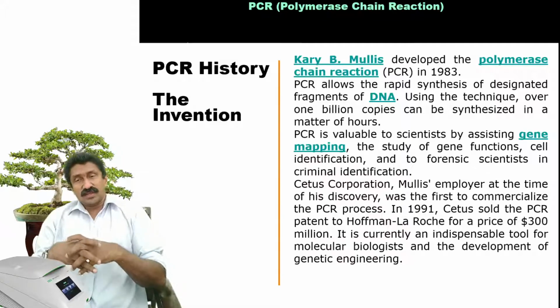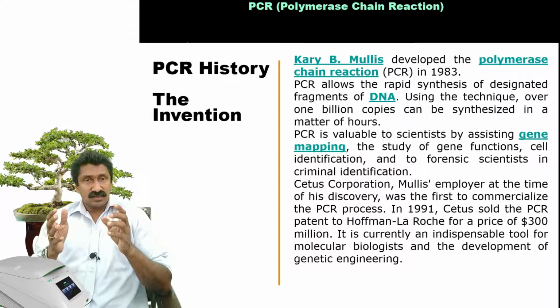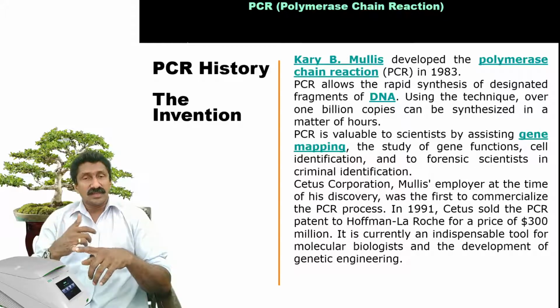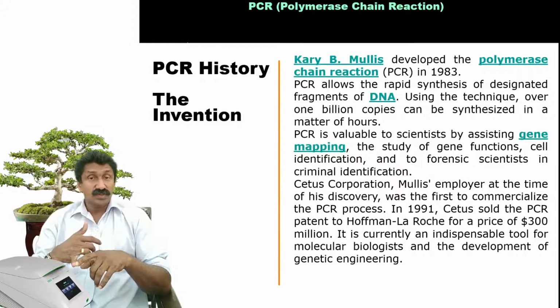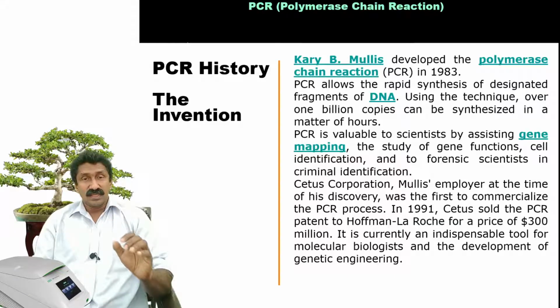And in the history of the invention of PCR, we can see that Kary B. Mullis developed the PCR, or polymerase chain reaction, in 1983. PCR allows the rapid synthesis of designated fragments of DNA. Over 1 billion copies can be synthesized in a matter of hours.